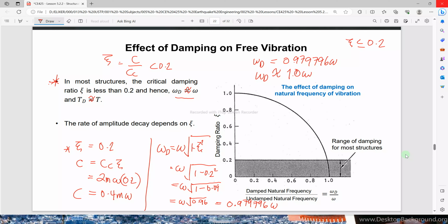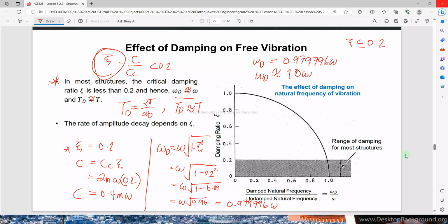So hence, since our omega d is approximately equal to the natural frequency when the damping ratio is very small, therefore its natural period also, since the natural period Td is equal to 2 pi over omega d, and omega d is approximately equal to omega, the damped natural period is approximately equal to the natural period of the structure.